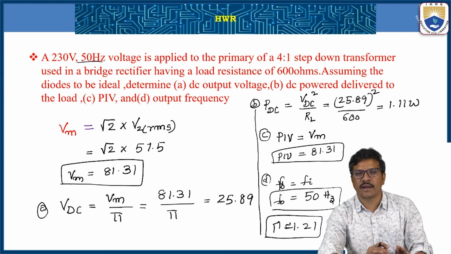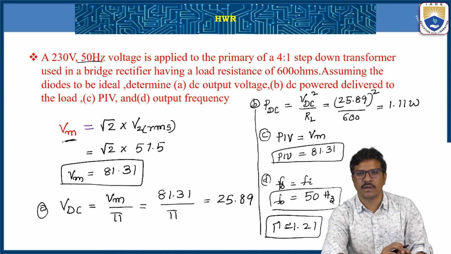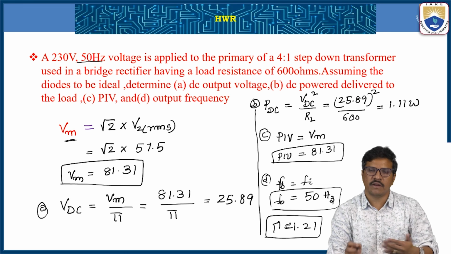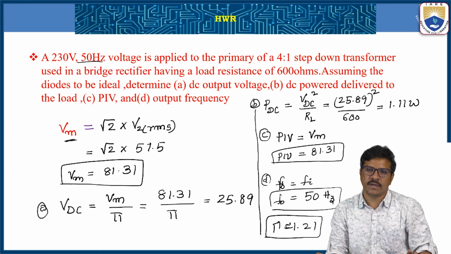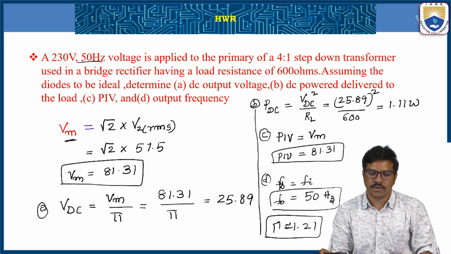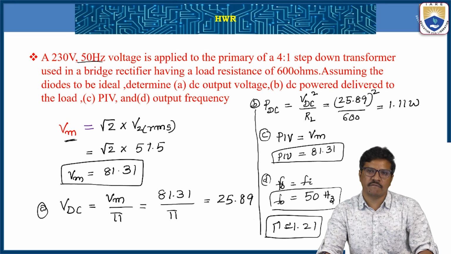Once we know the secondary voltage in RMS, we find the maximum voltage across the secondary coil, Vm, root 2 into VRMS. Then we can directly substitute all the parameters to get VDC, PDC, peak inverse voltage, and ripple factor. So this way we find out the problems in the half-wave rectifier.